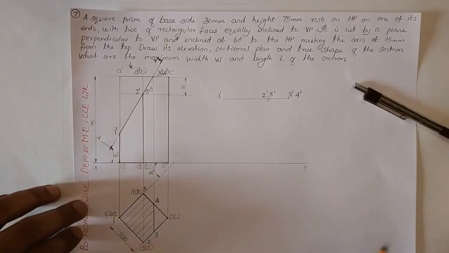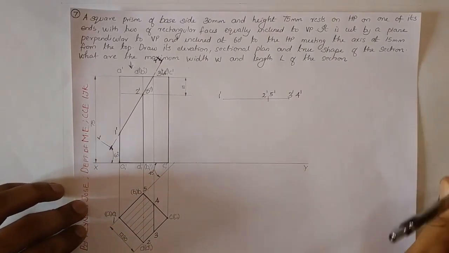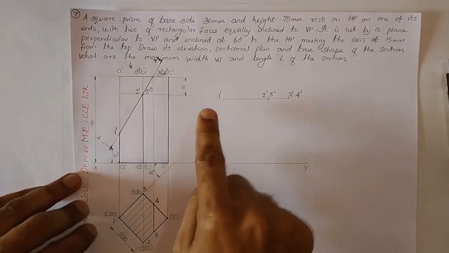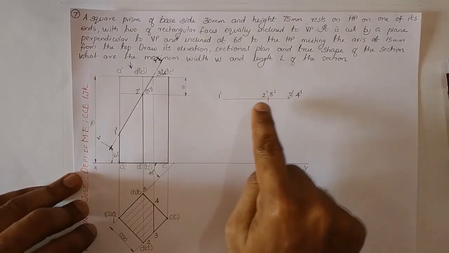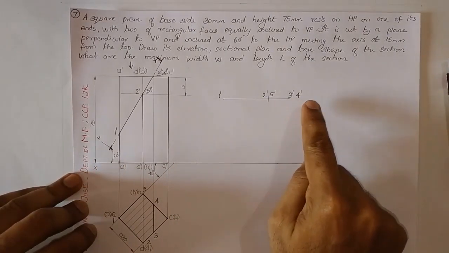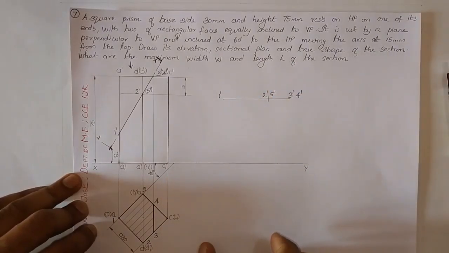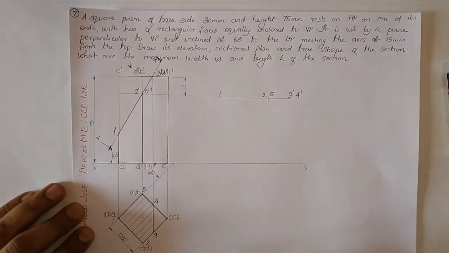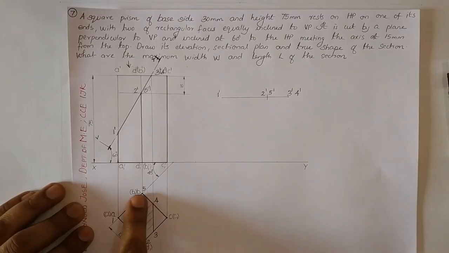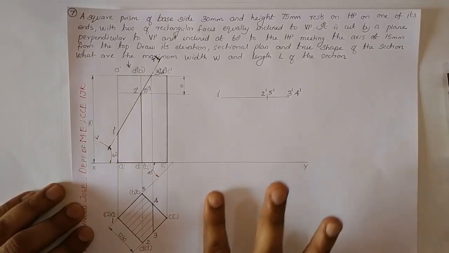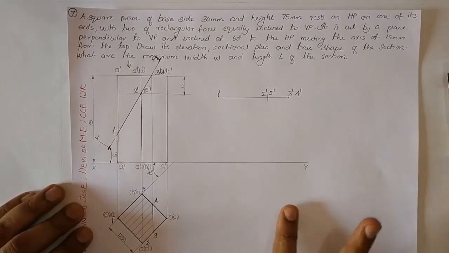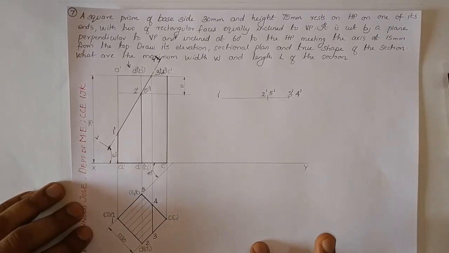Let us draw the true shape by the following procedure. We are going to extend projectors from 1 dash, 2 dash, 3 dash, 4 dash, 5 dash to the top view, and we will be extending projectors from 1, 2, 3, 4, 5 to the right hand side, and we will be getting some meeting points here, and joining the meeting points we will be getting the true shape.